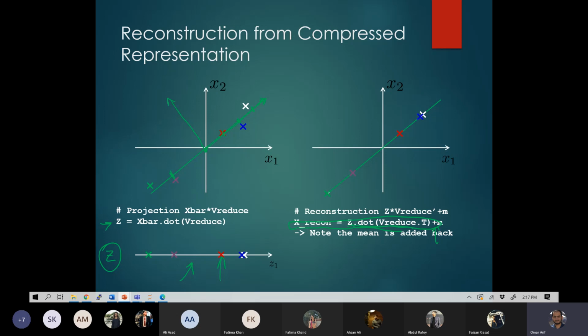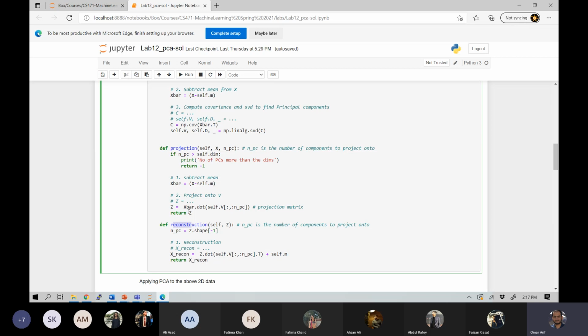This is going to give you these points here, which are drawn here. And you can see, because we retained one axis and ignored the second principal component, you have lost some information, which is precisely this distance from the principal component that you lost, but other than that you have been able to reconstruct the data points. So these two parts are doing that, the projection and then the reconstruction.